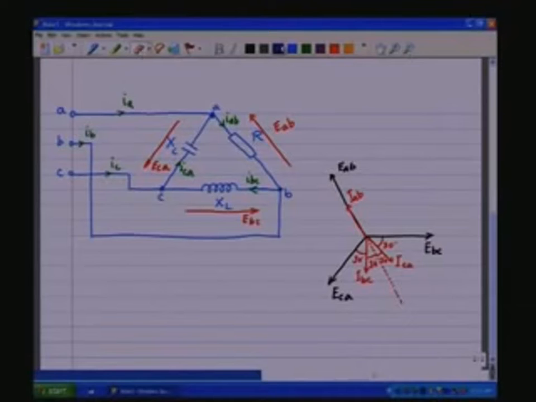So, let us find out the currents along the EAB axis, along the EBC axis, and along the ECA axis.